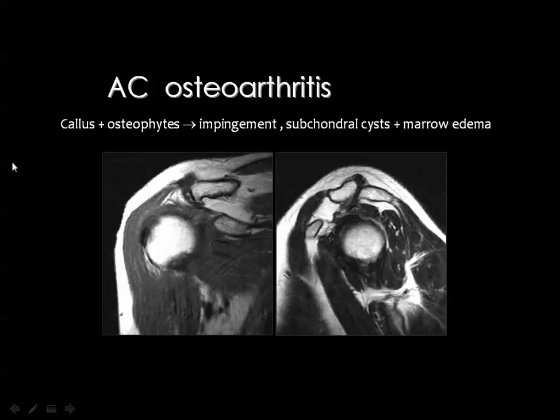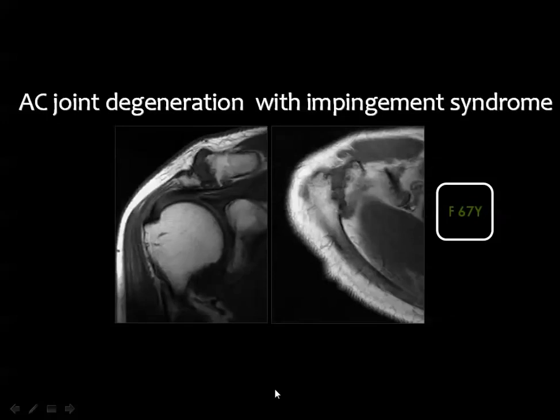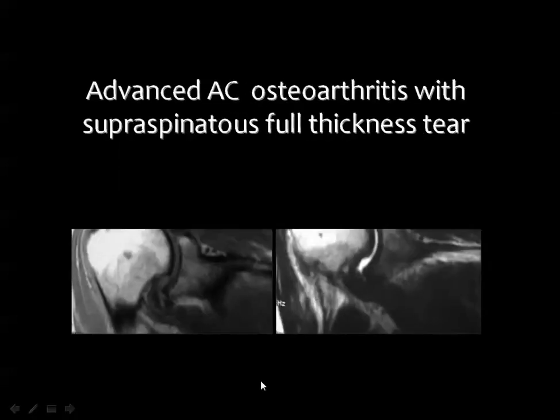And the callus around the joint will extend subcutaneously and also will involve the subacromion area and encroaching on the supraspinatus tendon. And this is an example of acromioclavicular osteoarthritis with callus formation in the coronal image and in the axial image. You can see the pseudocystic changes in the subarticular areas.